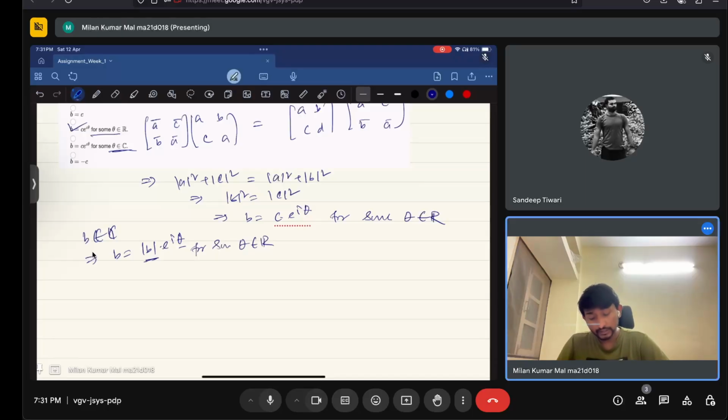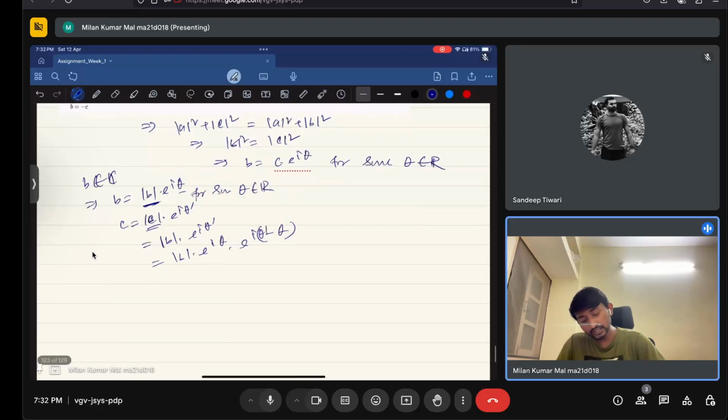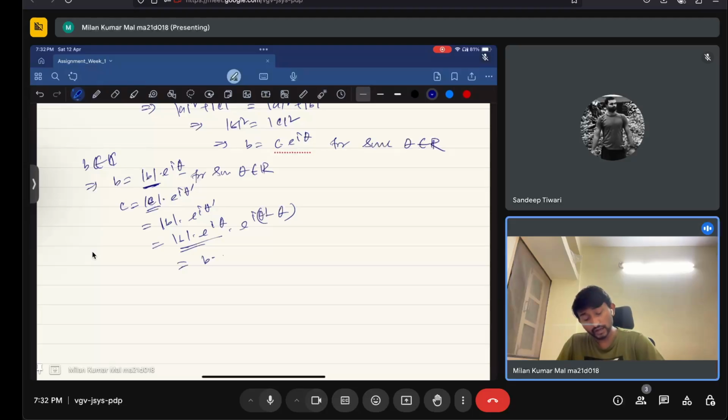Okay, so whatever, this is the thing. Therefore, if B is like that, C will be mod C into e to the power i theta dash for some real theta dash. So if mod B equals mod C, then one can write it as mod B into e to the power i theta dash, which can be written as mod B into e to the power i theta into e to the power i (theta dash minus theta), and this equals C. So I am doing it in the reverse way.